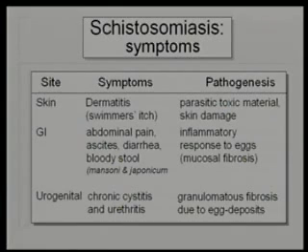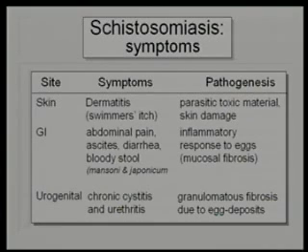And it will lead to granulomatous fibrosis, the granuloma production, and that is due to a reaction to the eggs. The body reacts to the eggs, and there's an inflammatory response that causes fibrosis of those tissues.